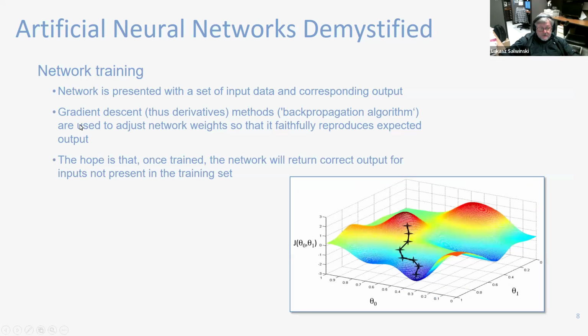Essentially, what is done is we take a collection of test cases, test data. For each case, we have input values, let's say a sequence of a protein, or an image, or a piece of text, and then we know what we want the network to return.